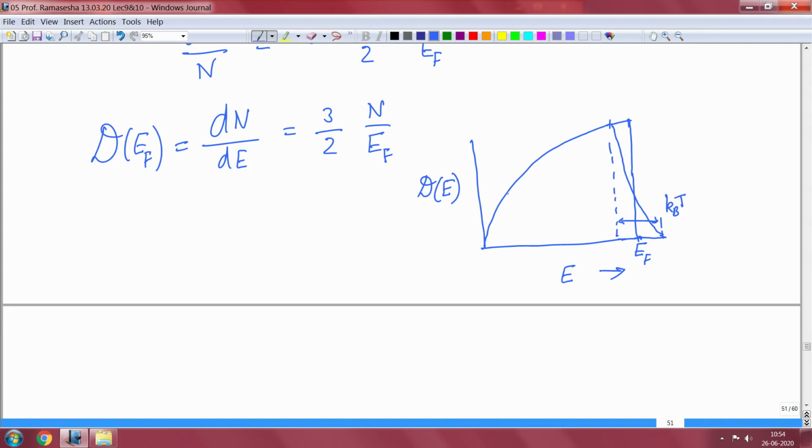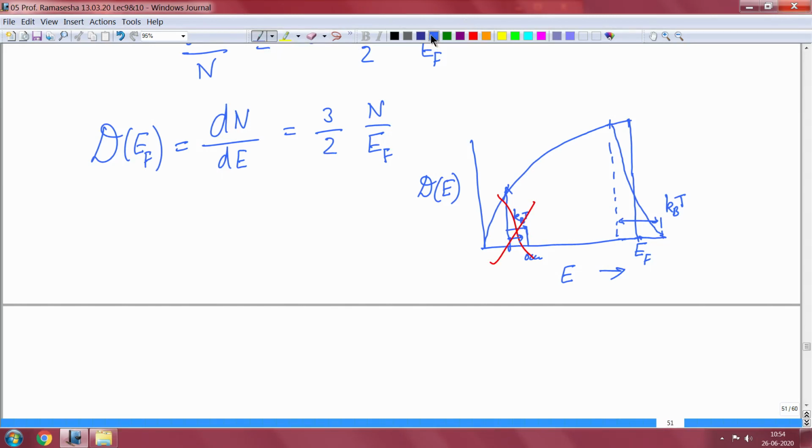For example, if you take an electron somewhere here and try to excite it, you can only excite by an amount kBT, but this state is occupied. So you cannot excite from here to here. This excitation is not allowed. So you can only excite electrons which are near the Fermi level within an energy range of kBT.